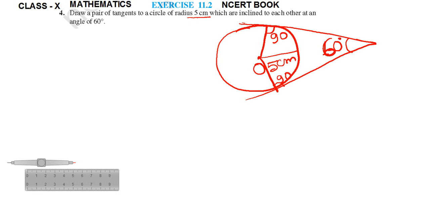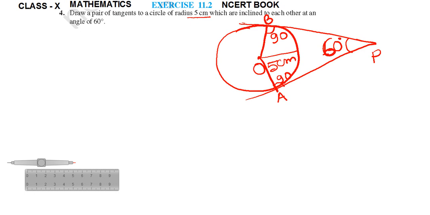Now say it is A, it is B, and it is P, so A, P, B, O is a quadrilateral in which angle A is 90 degree, angle B is 90 degree, angle P is 60 degree.